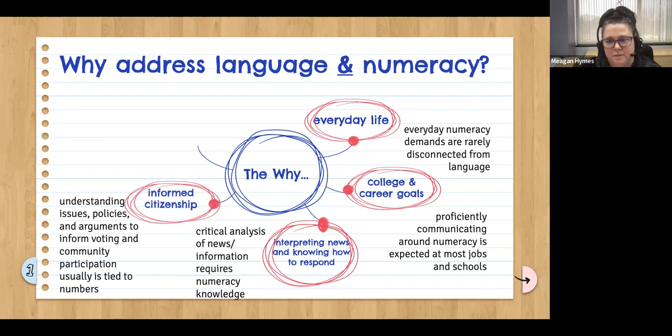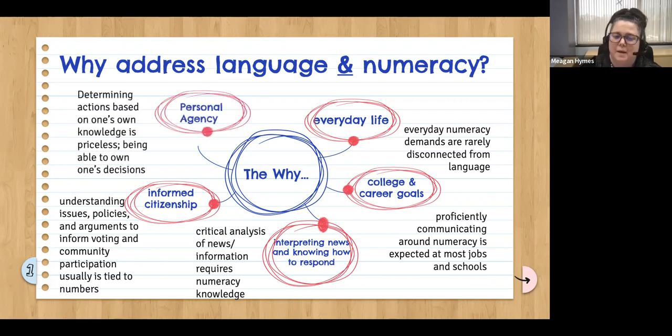Numeracy is a big deal. If people can't understand why they would vote for a particular person, and all they see is a graph that is skewed and they don't understand how to read it, this is all part of numeracy, all important. And then personal agency, right?